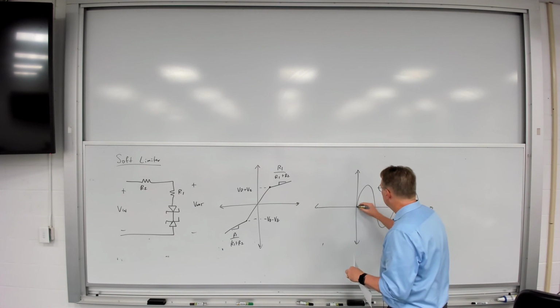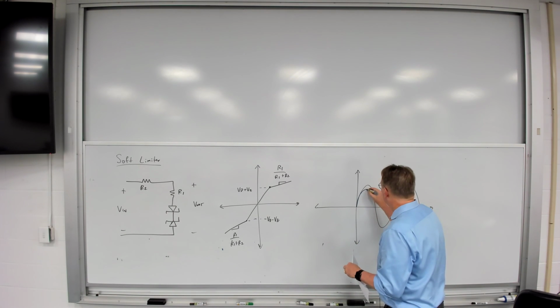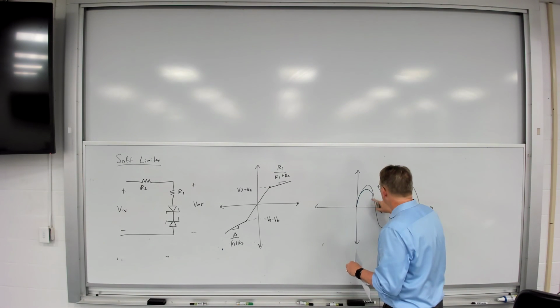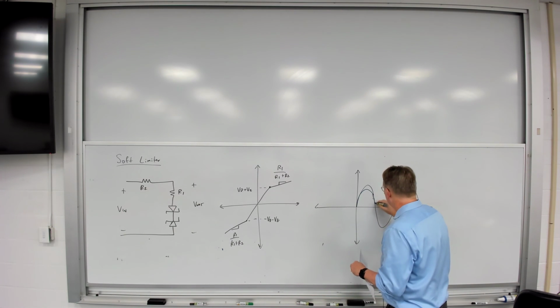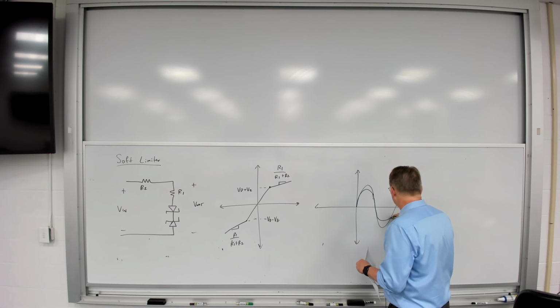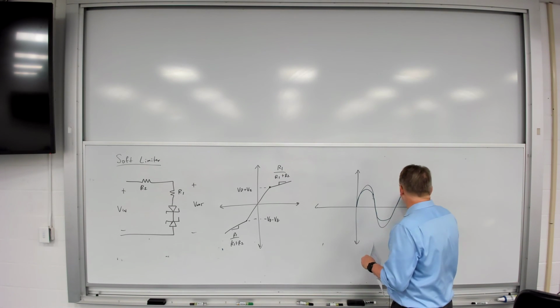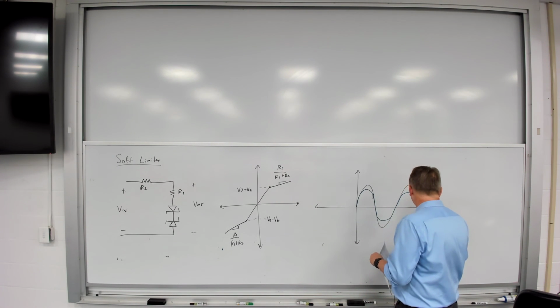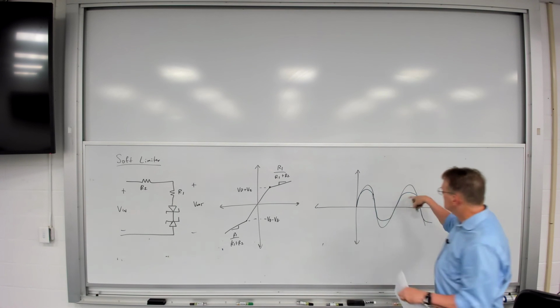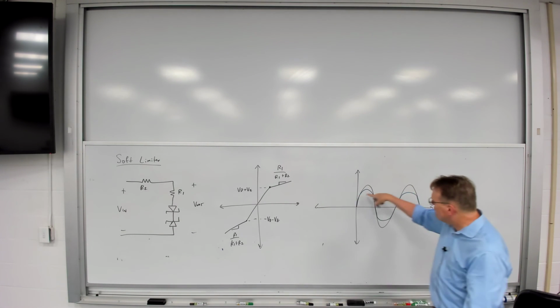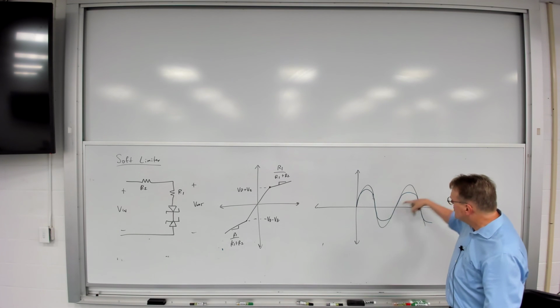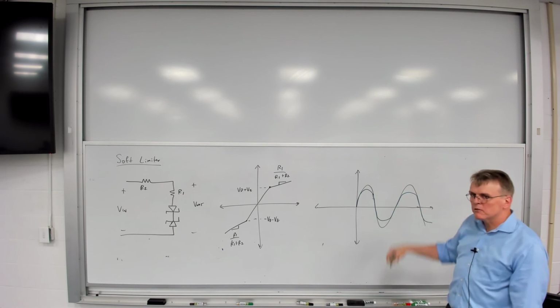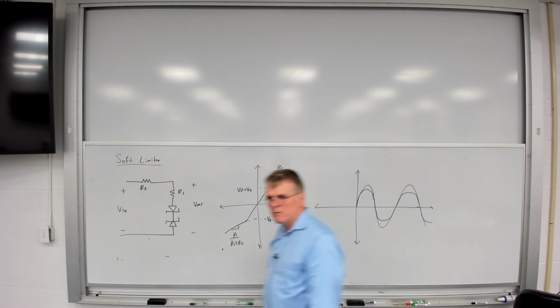I'll hit my limit, and then it'll just reduce the amplitude in the limited region. So here's soft limiting. So here, it's not flat, but I am reducing the slope, and so the amplitude is going to be reduced in that soft limit region.